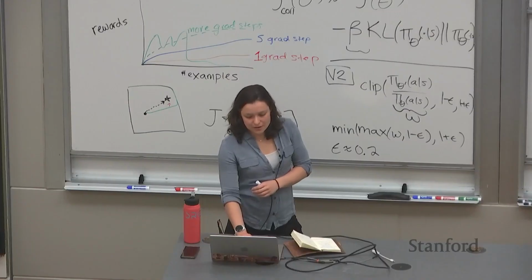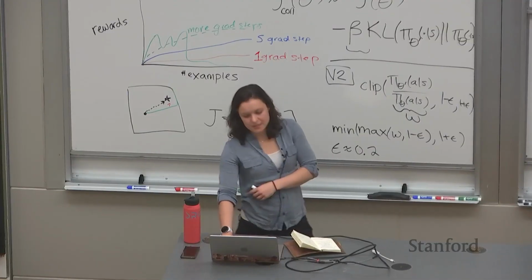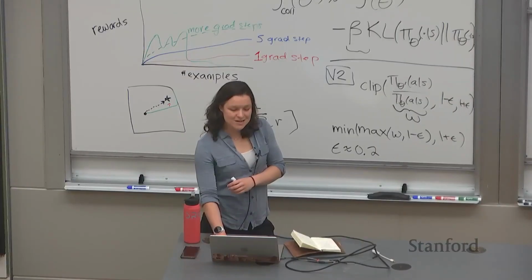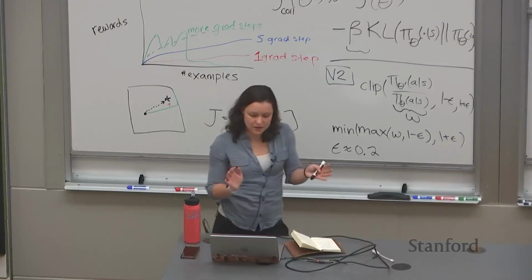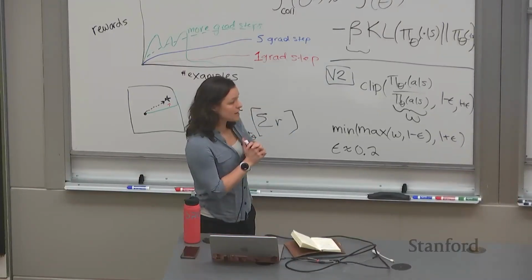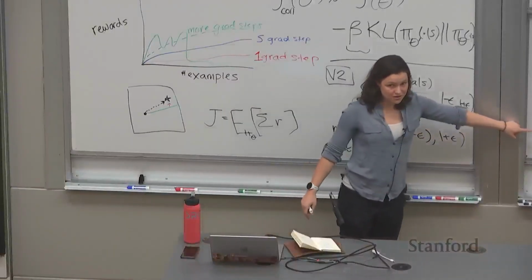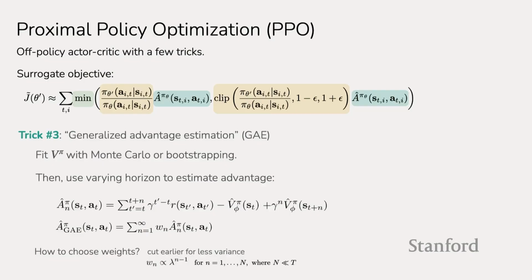If you calculate these different advantages with varying horizons, and then weight them accordingly, then you can get advantage estimates that have varying variance and maybe have less bias than if you just use the one-step estimate right here. I think there's some argument in terms of bias and variance that can be made, but it's also not 100% clear if it's necessary, in my opinion.